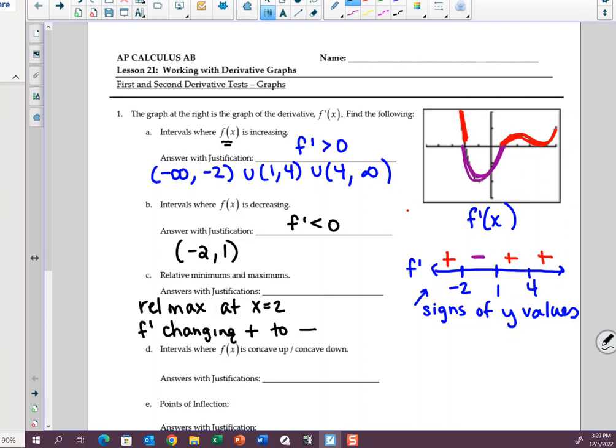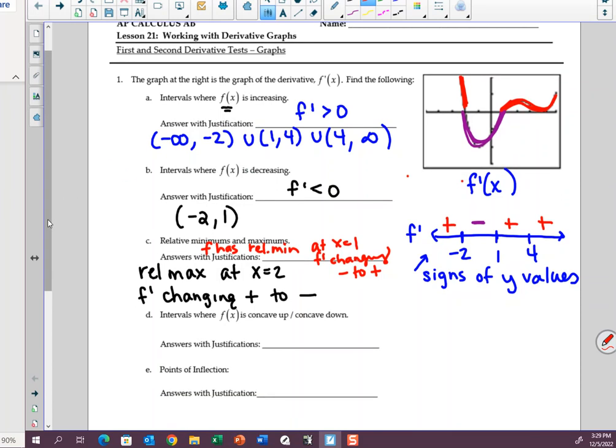And then flip side, f has a relative minimum at x equals 1, f prime changing negative to positive. Now, that's all the f prime information that we get from the f prime graph.